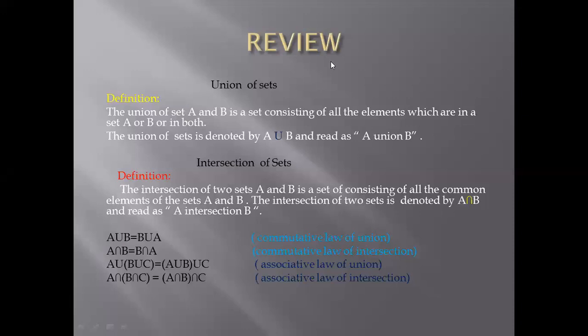Then in the associative law, three sets participate, A, B, and C. We prove the left hand side and right hand side are equal, and then we show that it holds the associative law of union and the associative law of intersection. But the difference between commutative and associative is that in the associative, one set changes its partner.